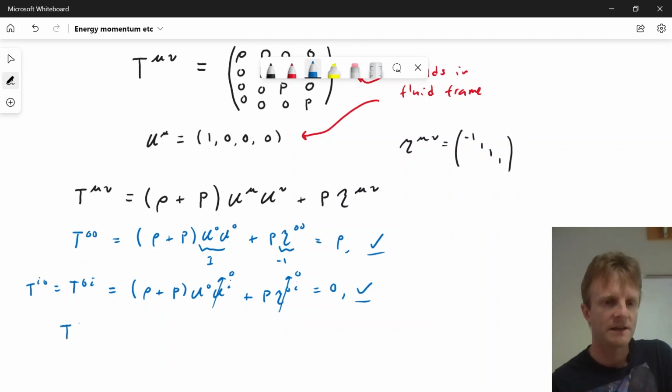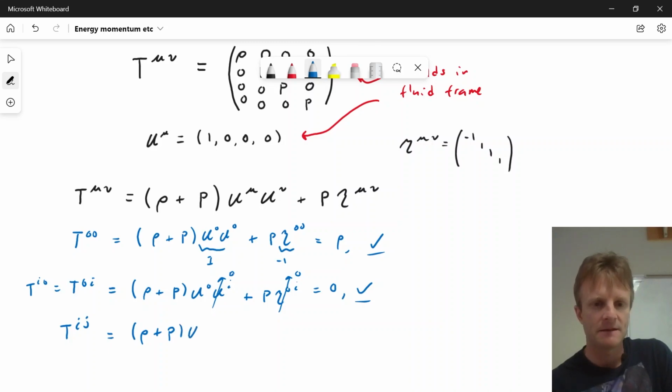And finally, let's do ij. So T^ij is (rho plus P) u^i u^j. These are both 0, plus P eta^ij. Eta^ij is just the Kronecker delta, right?